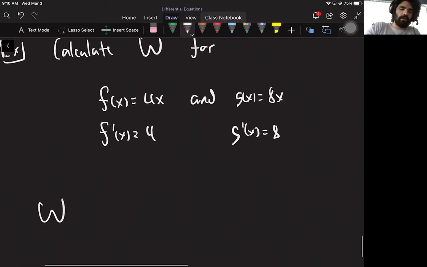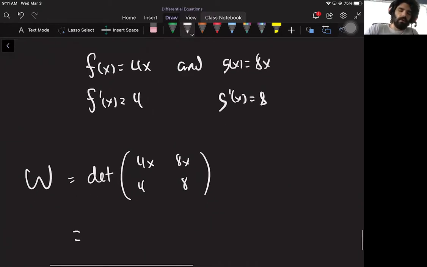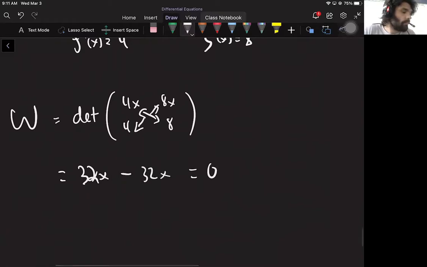So then the Wronskian is the determinant of this 2x2 matrix, where I stick my two functions on top, their derivatives underneath. Then I multiply the diagonals. That gets me 32x. Subtract, multiply these diagonals, 32x, and that turns out to be 0.